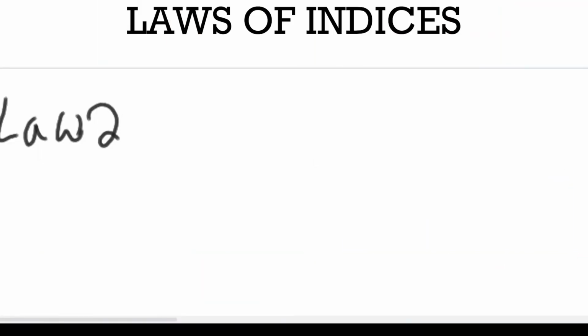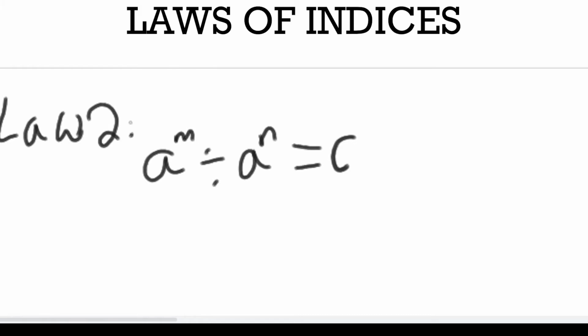Now let's talk about law number 2. Law number 2 states that when two same numbers are divided with different powers, the powers will be subtracted, written as a to the power m minus n.